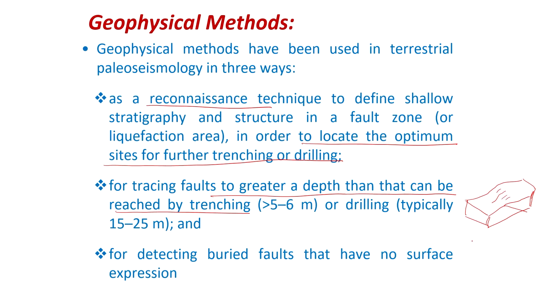But in some locations you will just see a flat topography, but the fault still exists. In this case GPR also helps us in identifying it, and this is exactly what we were able to do in the Kangra Valley, where I was showing that in one portion we did not have any trace, but there was a trace of the fault, and GPR helped us in finding that.